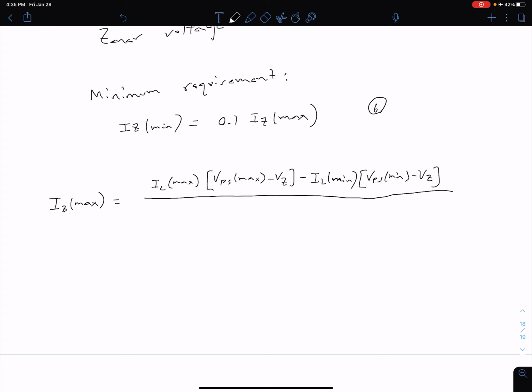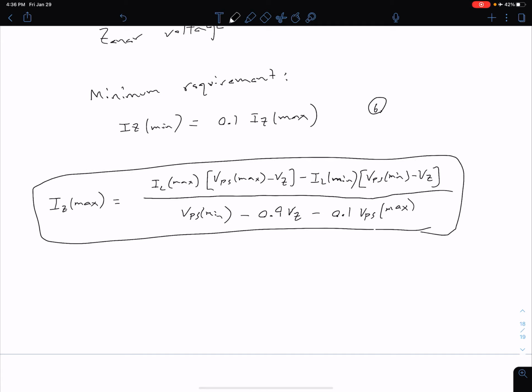And all of that is going to be divided by VPS min minus 0.9 VZ minus 0.1 VPS max. And that would be the equation we use if we see this circuit.